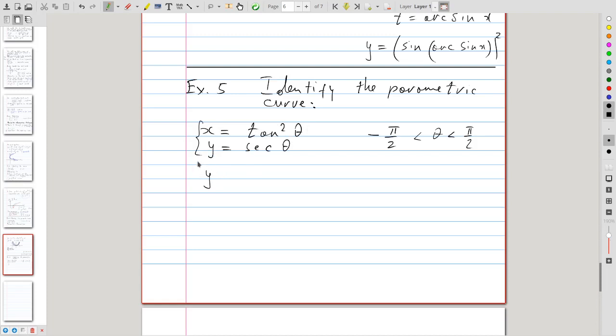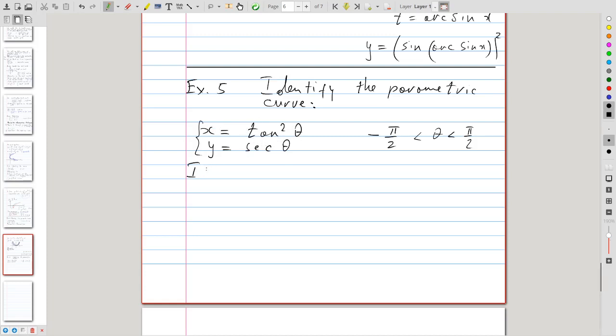The relation between x and y: since they are secant and tangent, we have the Pythagorean identity relating them. And because we have tangent squared as the equation for x, it will be easier to make x the dependent variable.